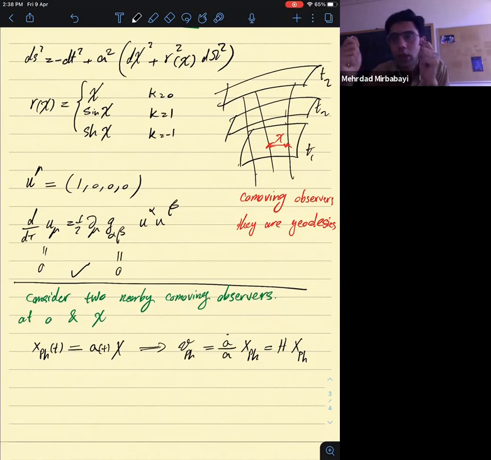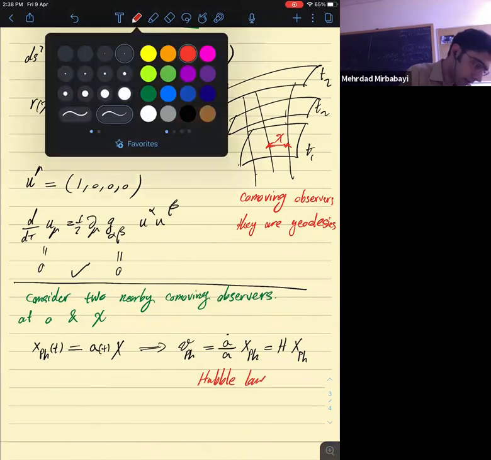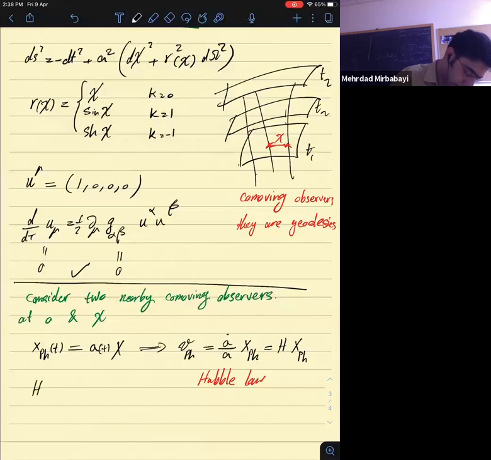But when they are close to each other, then they follow this Hubble Law, this relation between velocity and distance. This relation that velocity is proportional to distance is called Hubble Law, and H, which is a dot over a, is called the Hubble parameter.